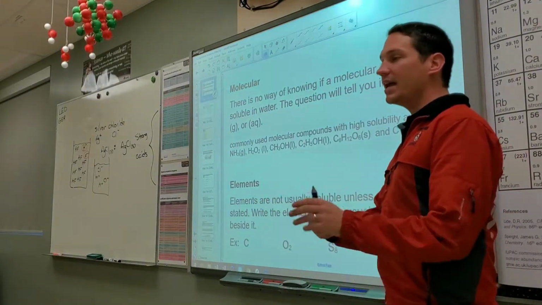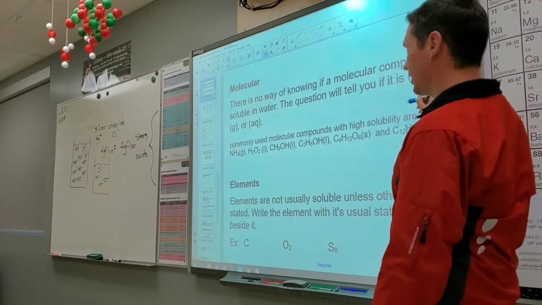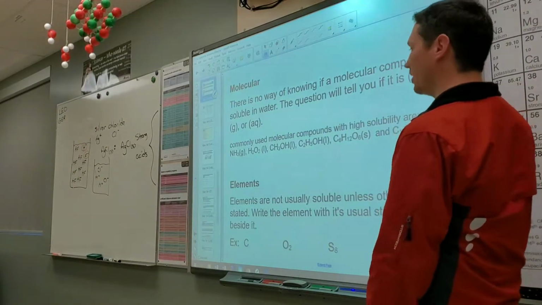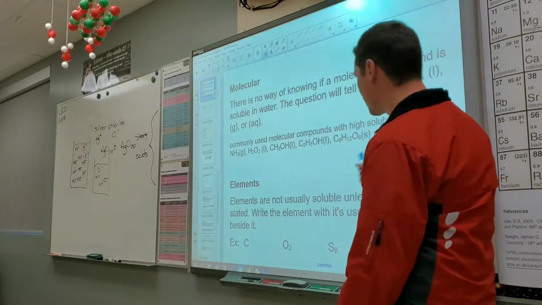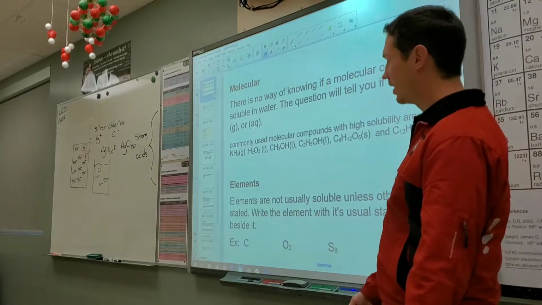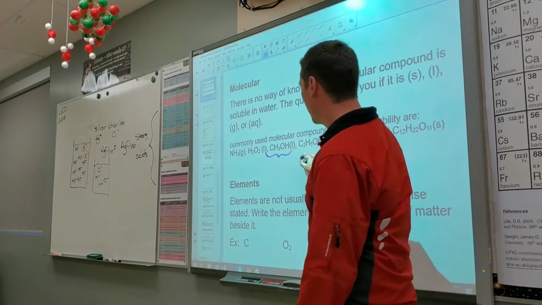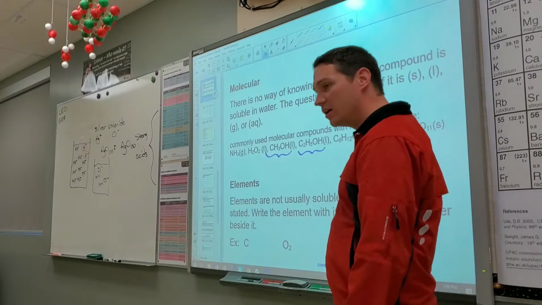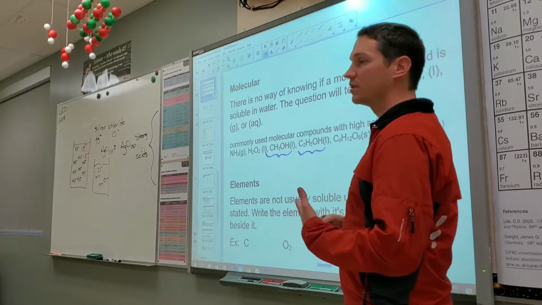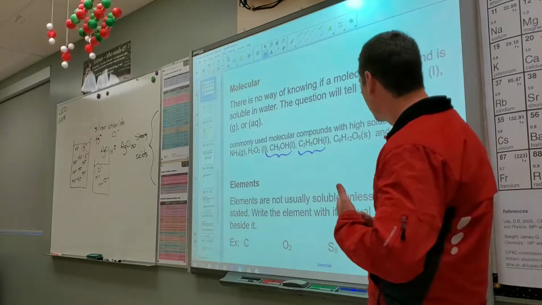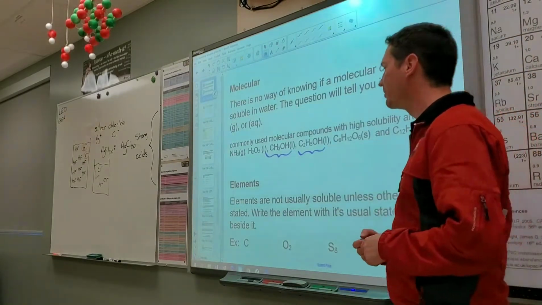So in a question, I will say something, something, something, then solid, or something, something, something, then liquid, or then gas, okay? There's no way to tell straight out of the gate. One really common one is methanol, and another is ethanol. If I were you, I would memorize that those can be dissolved in water. Also glucose and sucrose. Those are sugars, and they can be dissolved in water.